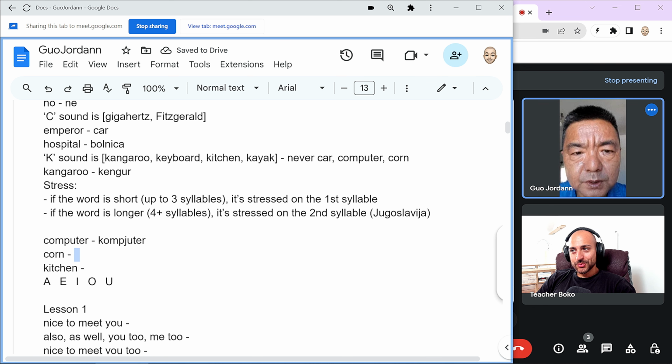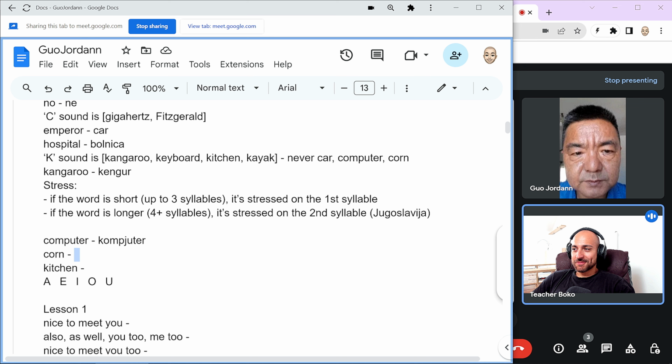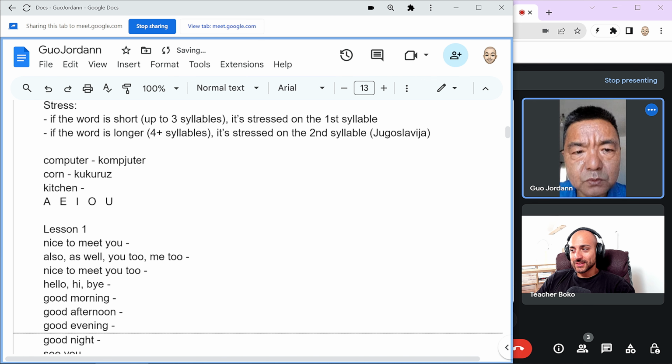And then if we take a look at this one, computer. We just use the English word there, so we write it phonetically in Serbian. Computer, with k, with y, exactly. And then this word, kukuruz. Exactly.